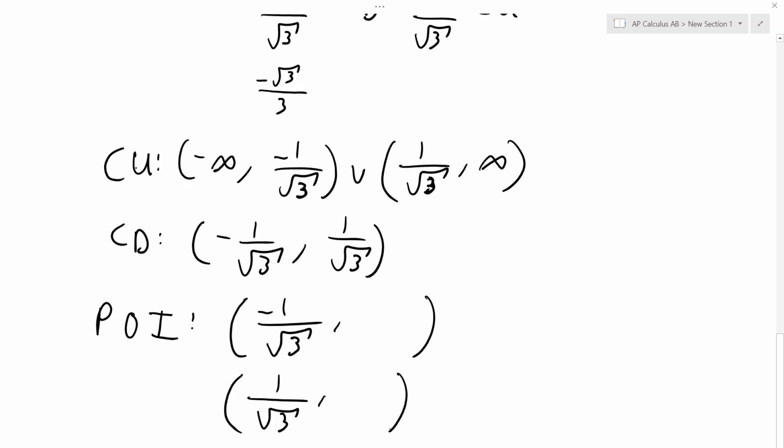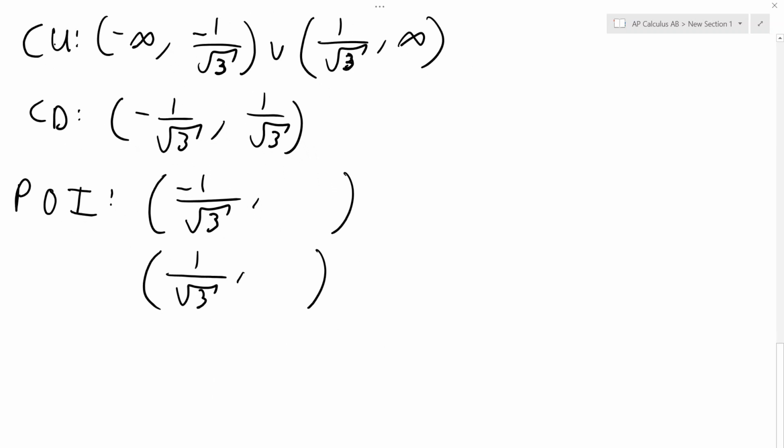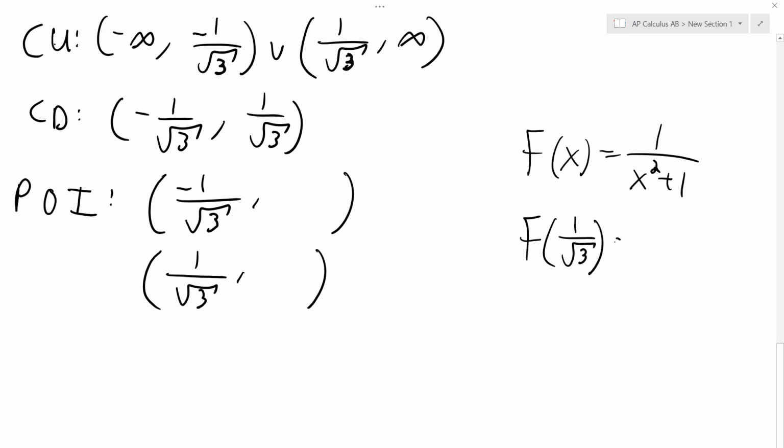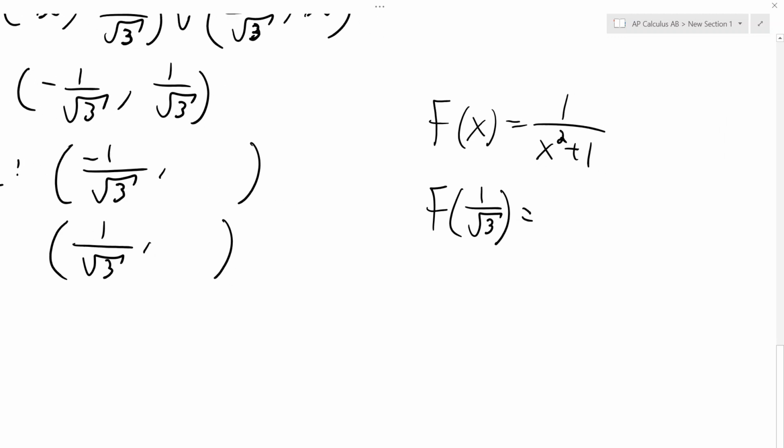Okay with that? We just have to find the y value, which means we go all the way back to the beginning. If you recall, f of x was 1 over x squared plus 1. So if you plug in 1 over root 3, you're going to get 1 over 1/3 plus 1.